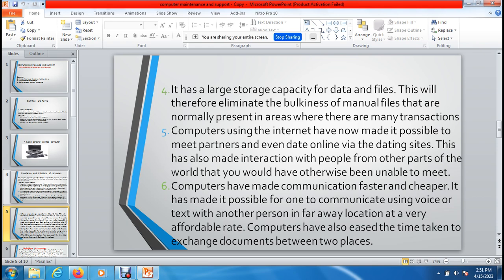When you are sending an email and delivering your papers, compared to using the post, using a computer will be cheaper. That is the communication which has been enhanced by a computer.